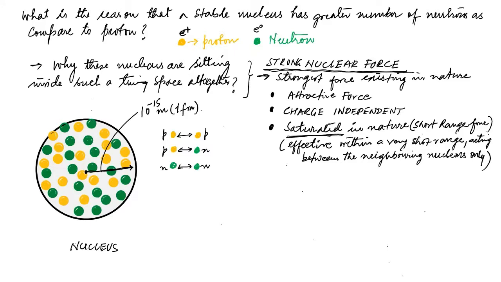We can understand this like this: this is my nucleus and this is the boundary of my nucleus, and the neutrons and protons are sitting inside it. Suppose we choose this neutron here, and this proton sitting here, or this neutron sitting on the other side of the system.